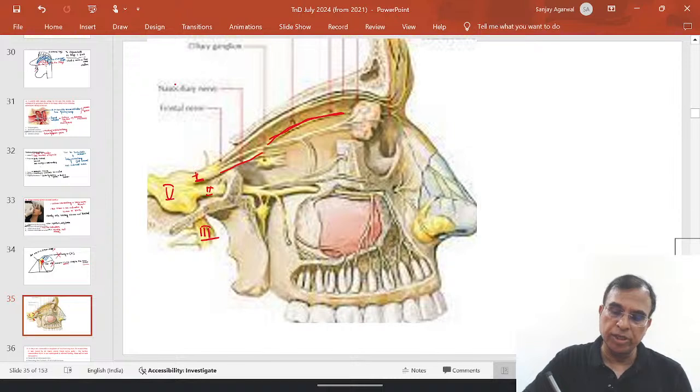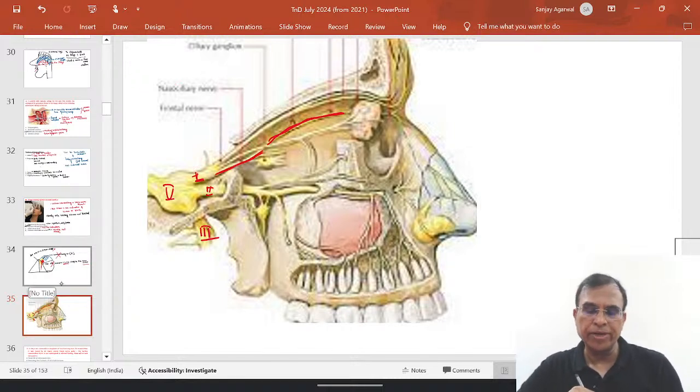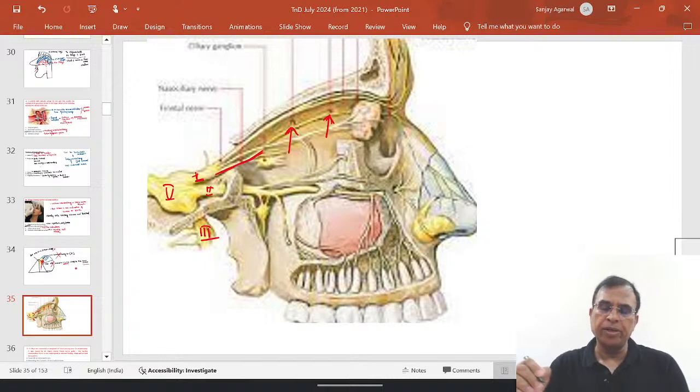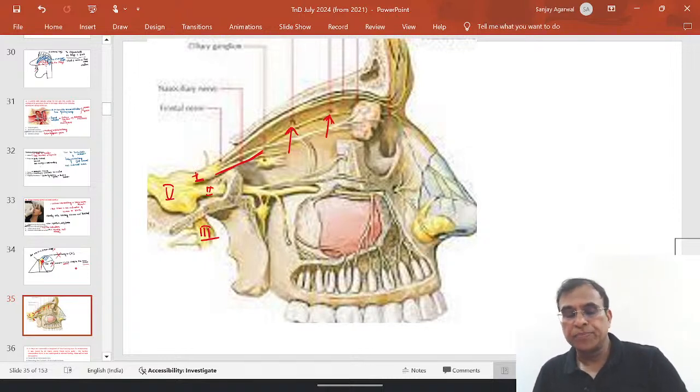This is the nasociliary branch, right? And this branch sends two branches into the orbit. Can you see these two branches entering foramina? Those two foramina are the anterior ethmoidal foramen and the posterior ethmoidal foramen.